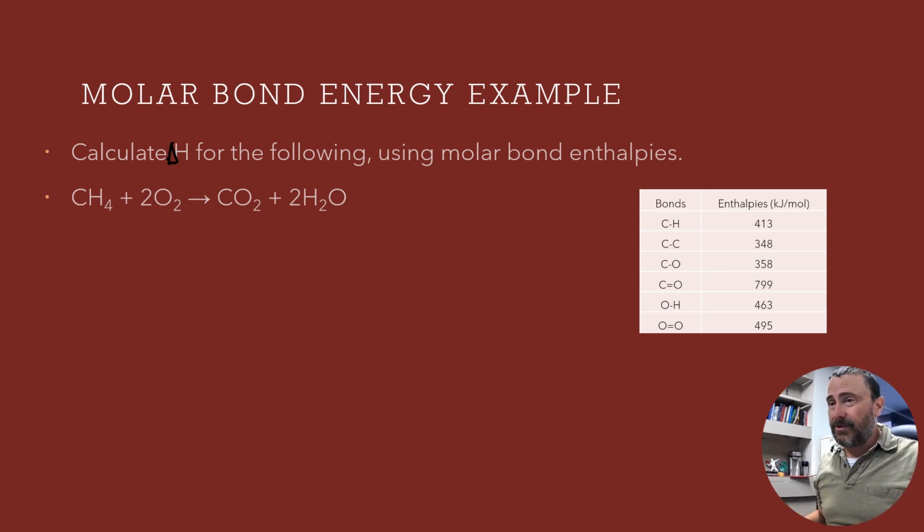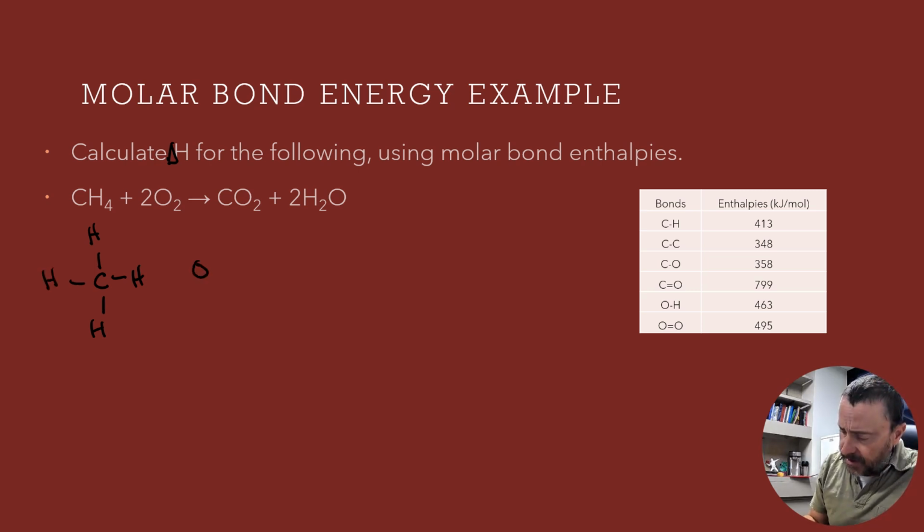What I like to do here is draw everything out. We're not really to the point where we have drawn out the shapes and everything for all our molecules; that's coming in chapters 7 and 8. But we can always look these up if we need to work them out. So for our methane, it looks like this.